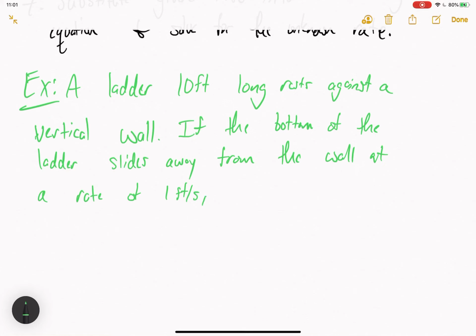Then the question is, how fast is the top of the ladder sliding down the wall whenever the bottom is 6 feet away from the wall?